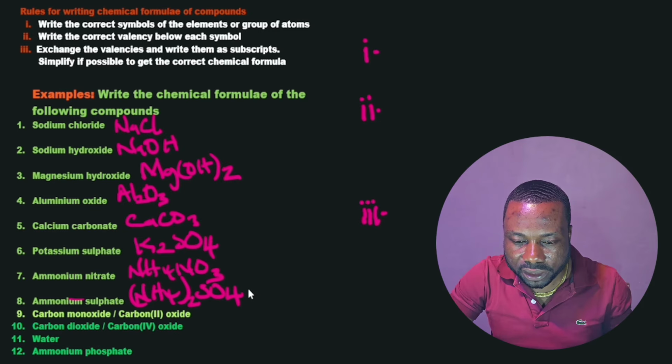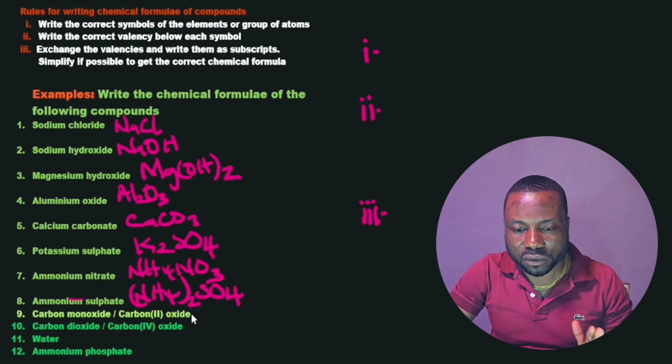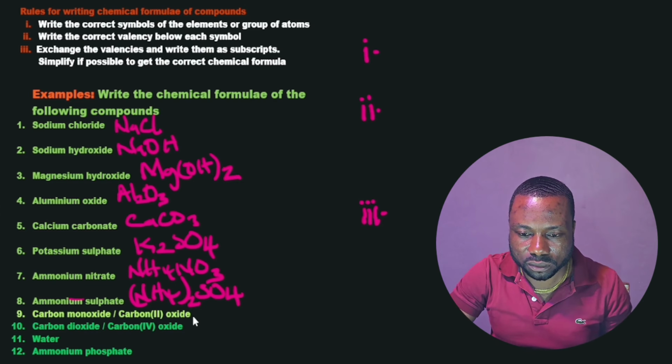Now, for example 9, this is a special case. We have carbon monoxide, which can also be called carbon(II) oxide. So take note of this particular situation.